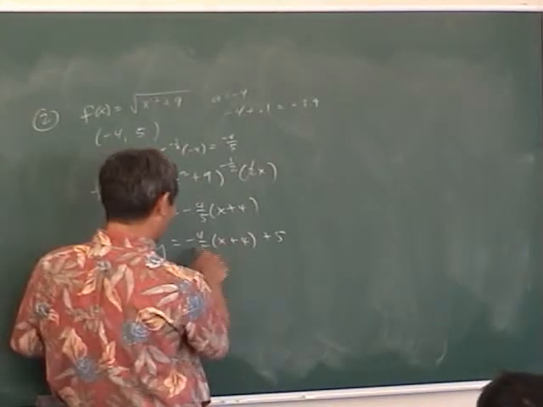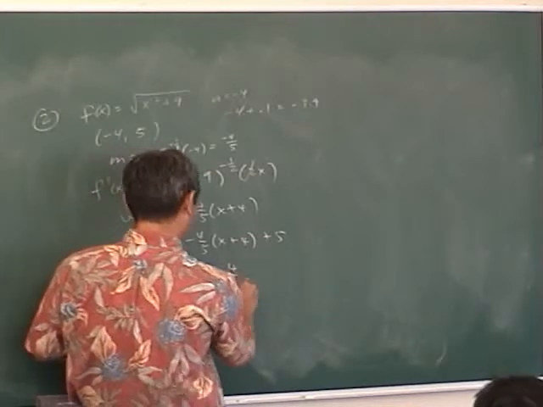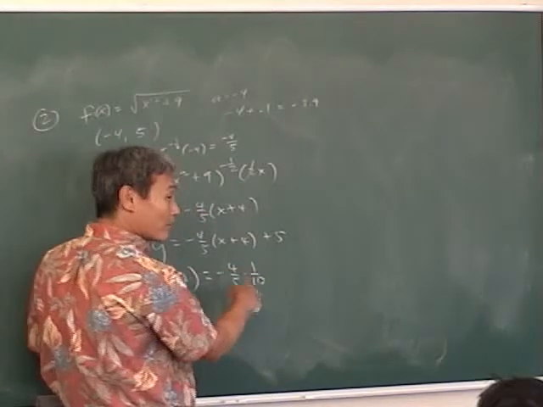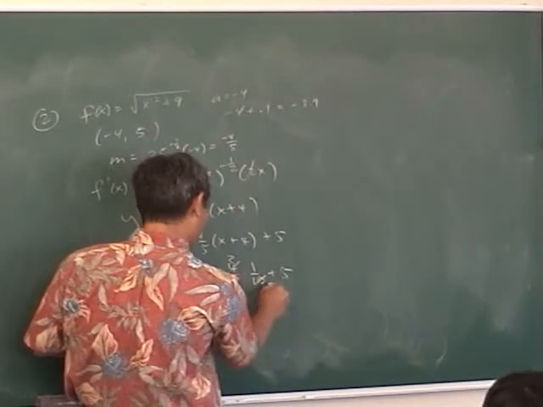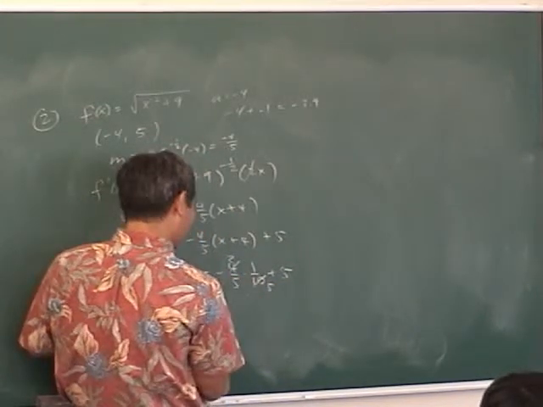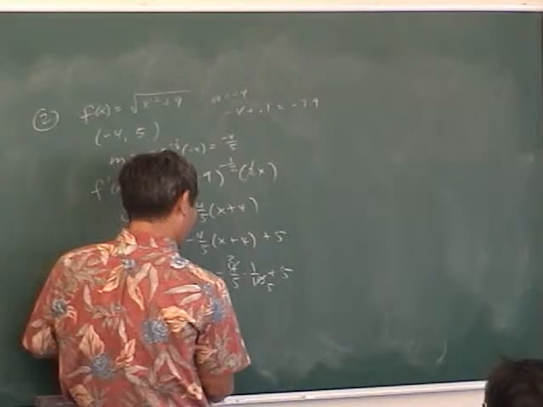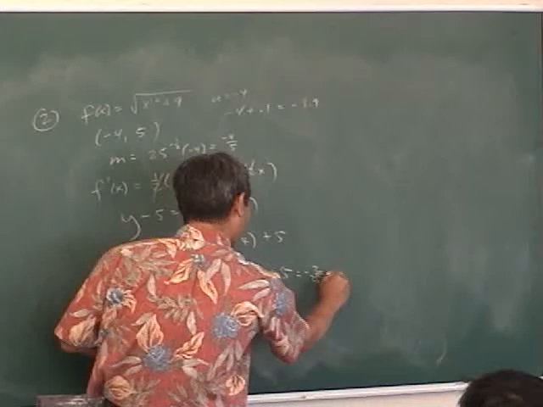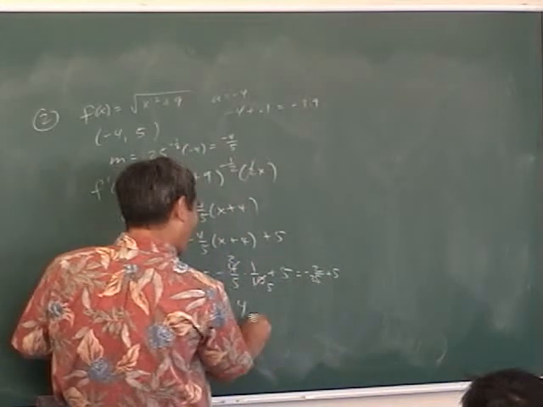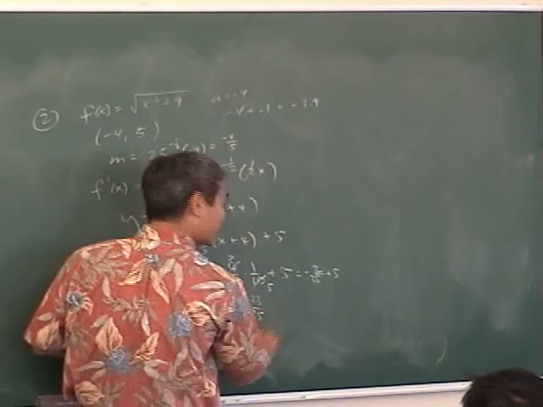What's 1/10 times negative 4/5? Now do you see why it's way easier to work with if you leave it in point slope form? 4 goes into that, 2 and 5. That's negative 2/25 plus 5. So isn't that 4 and 23/25?